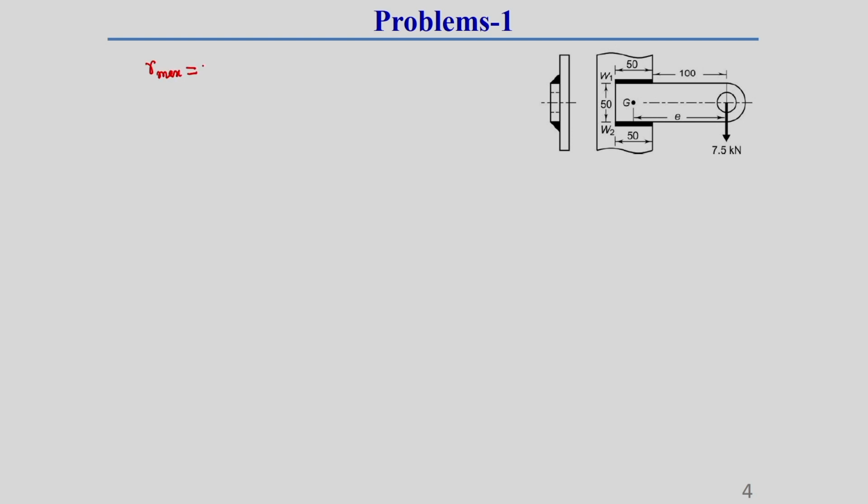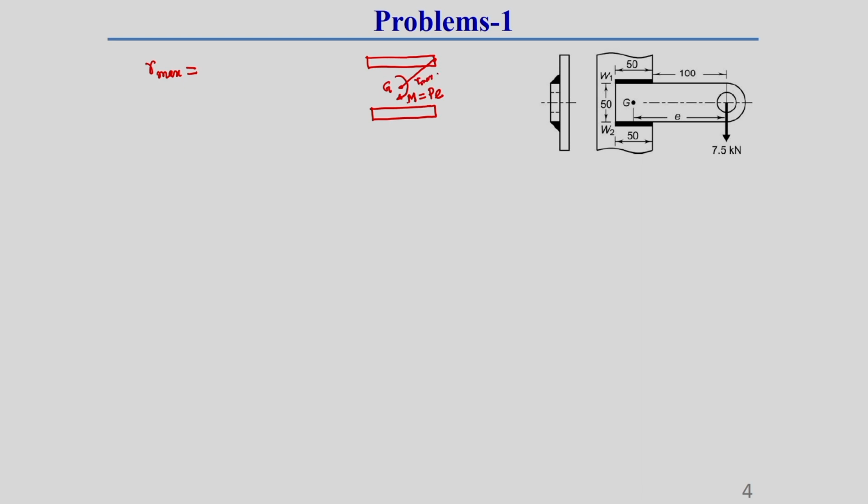I am drawing this here, then it will be more clear to you. So, this is the G location. Tau max is at the farthest distance, as I already told. This is the M couple, which is equal to P into E, where E I have already shown you, and the farthest distance is r max.